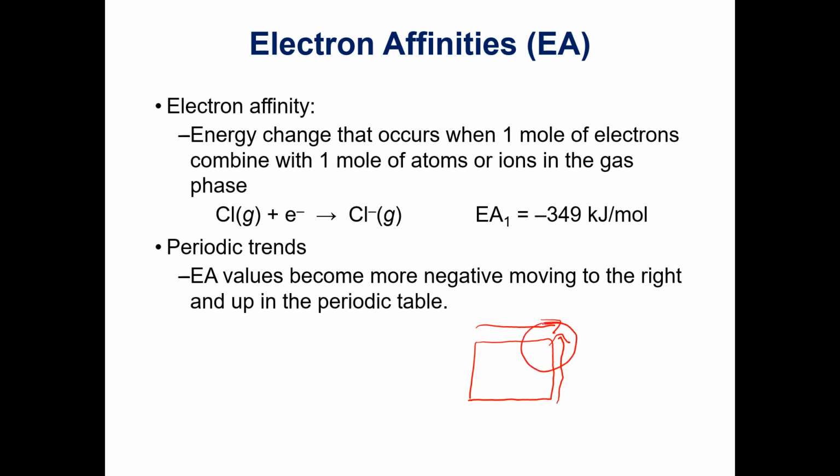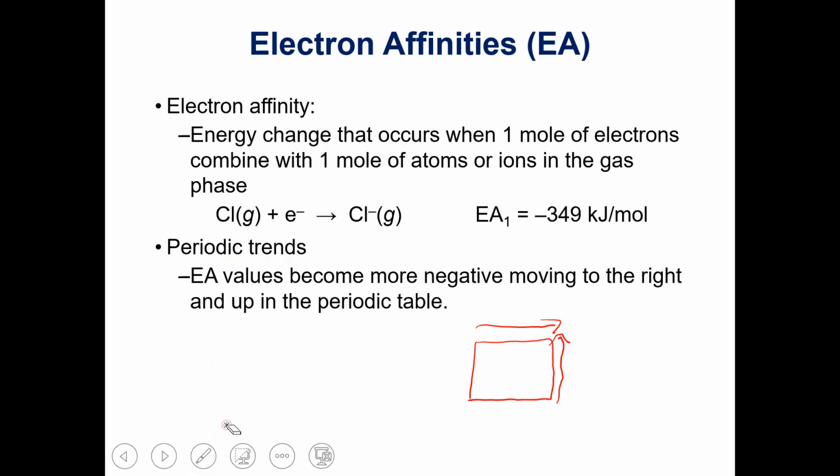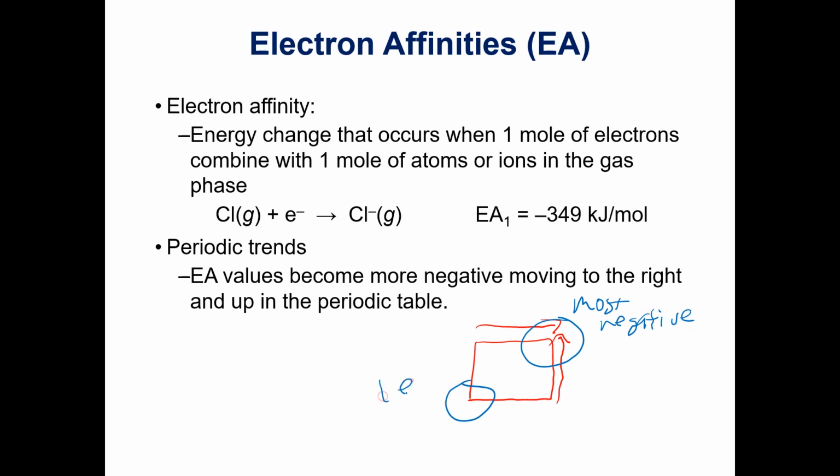So our most negative values would be in the top right, and our least negative values will be in the bottom left.